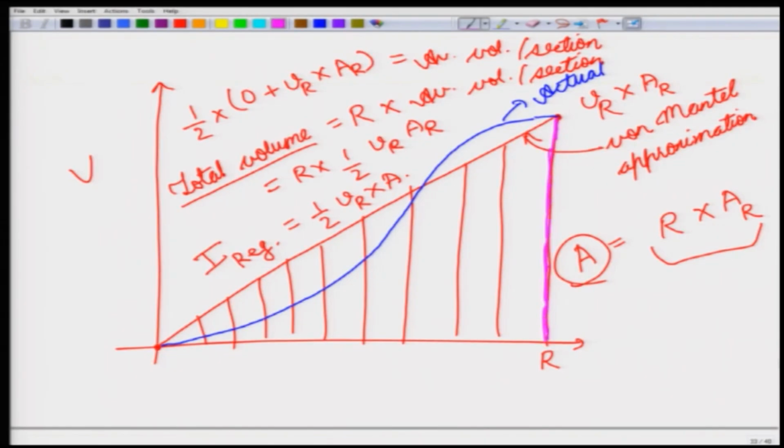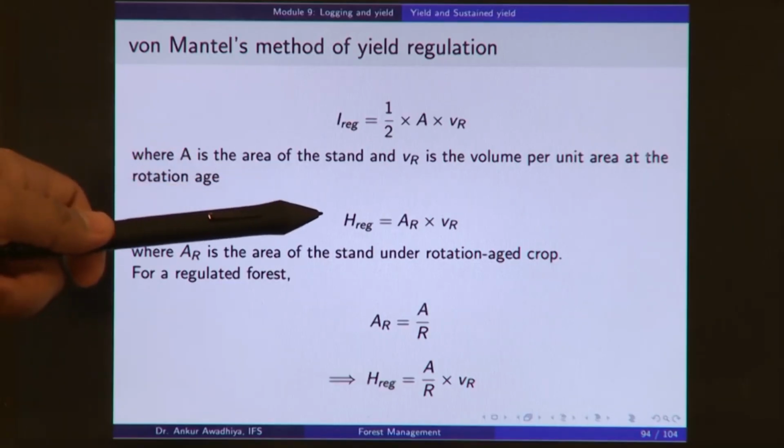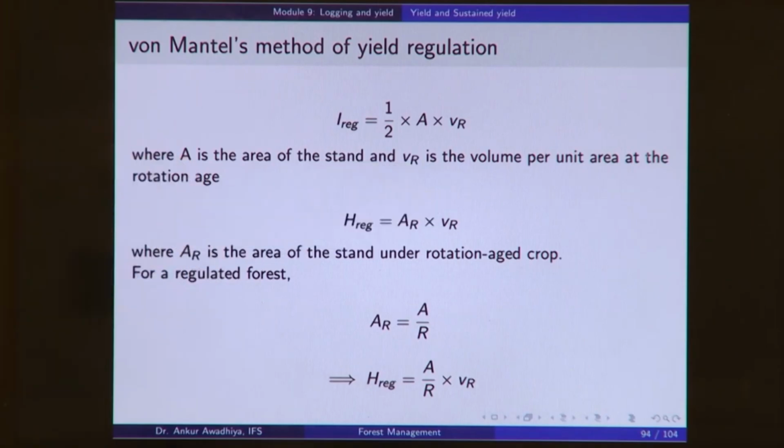So, in this year, what is the amount that you will be harvesting? The amount that you will be harvesting in the regular forest is given by VR, which is the volume per unit area at the rotation age, multiplied by AR, which is the area of this particular crop. So, it says that H in a regular forest or ideal forest is AR into VR.